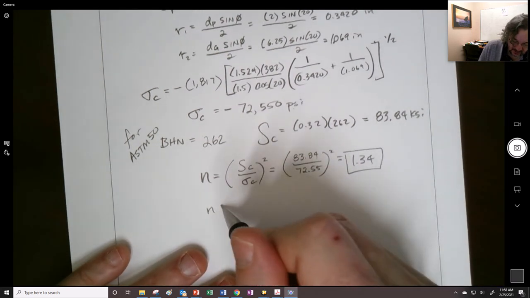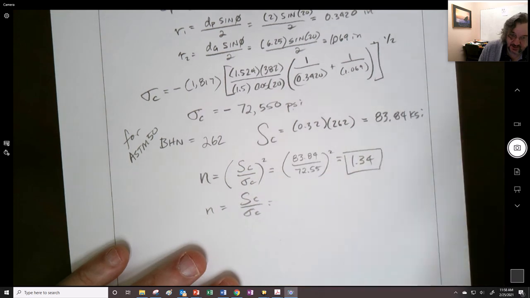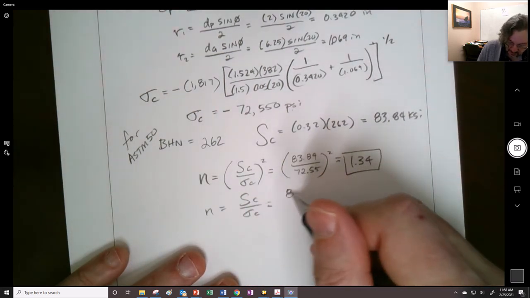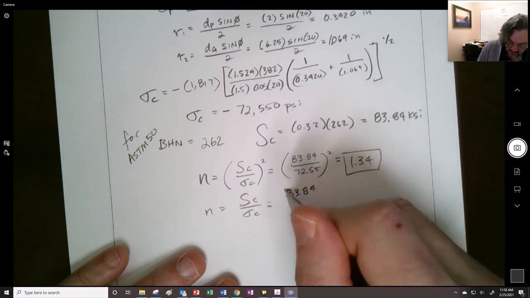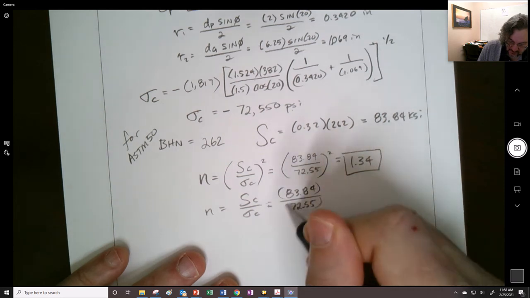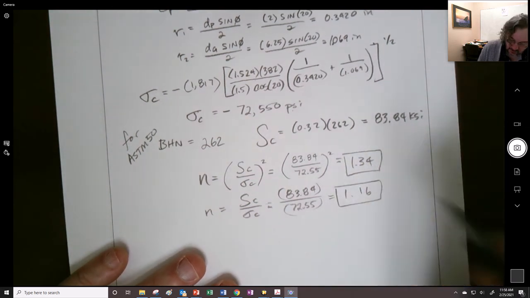Whereas if we did it the other way, where we just take the ratio, which is the way I'm suggesting we do it each time, because I don't know if there's any point to doing it with the square of the thing, you'll see we get 1.16, right?